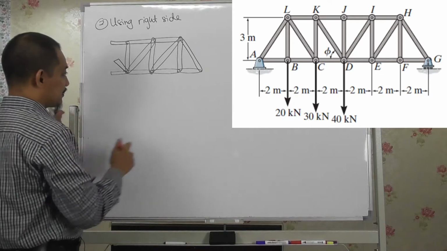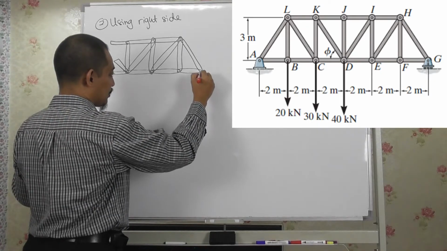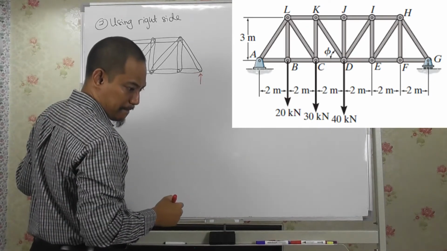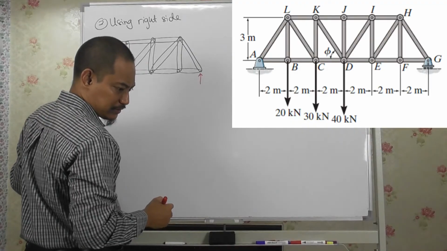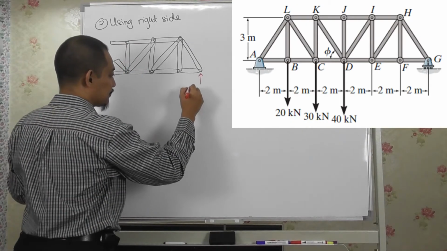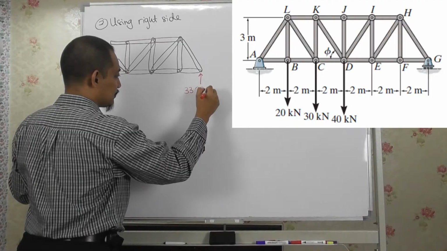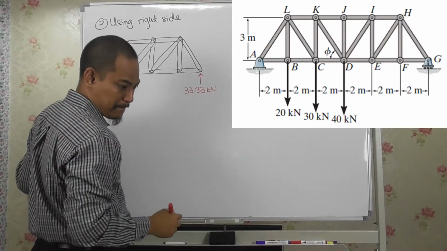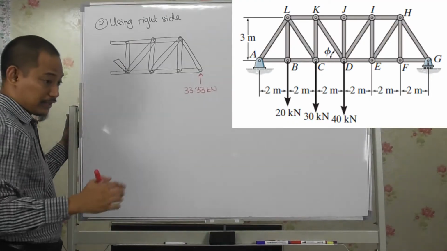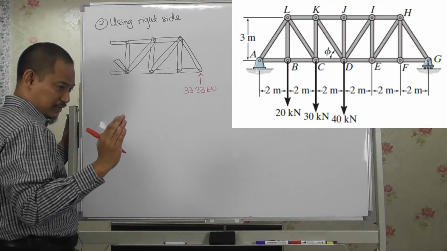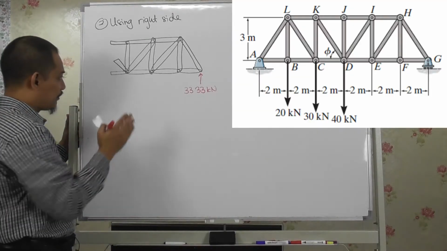So in this case, Gy we already solved, which is, what was that? Gy 33.33 kilonewton, right? All right, what are the forces? So we cut after D, right?